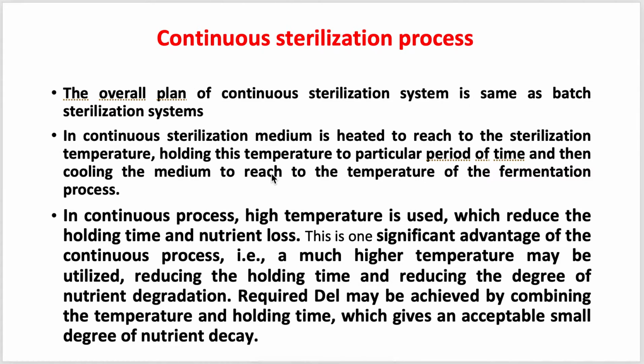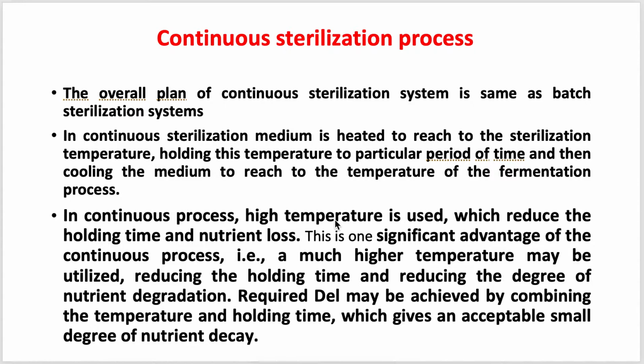However, unlike the batch fermentation process and batch sterilization process, in the continuous process a high temperature is used. In batch, the maximum temperature that can be used is 121 degrees Celsius, but in the continuous process a much higher temperature can be used, for example 140 degrees Celsius.